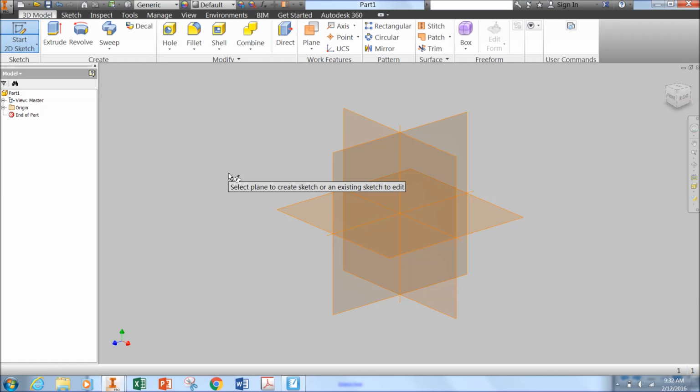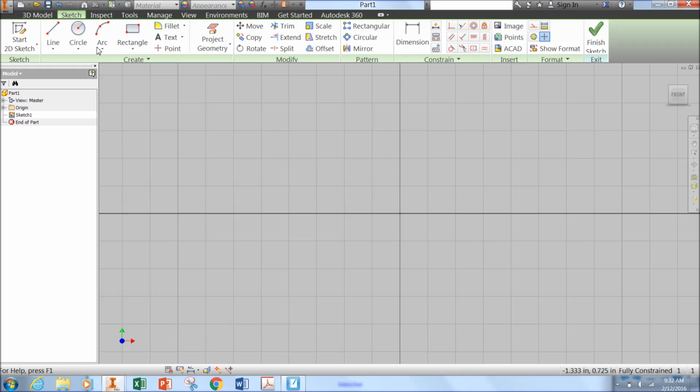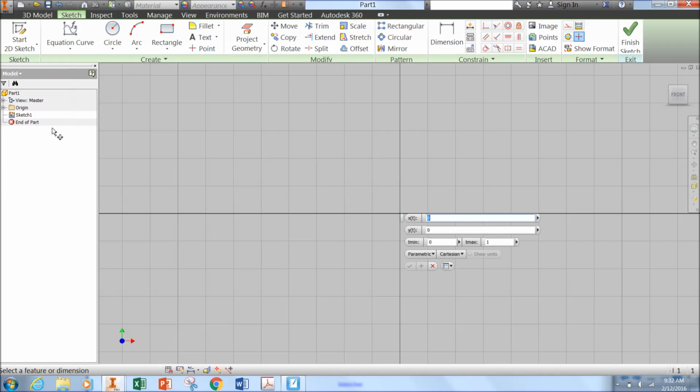Because we're used to working with the XY plane, we're going to select that as our working plane. Notice our menu appears, but there is no option for creating an equation curve. This is found under the Line menu. Select Equation Curve. You now have a menu that has different inputs you can provide Inventor.